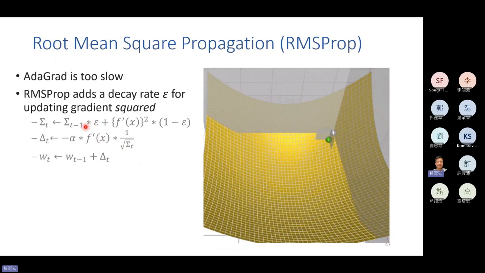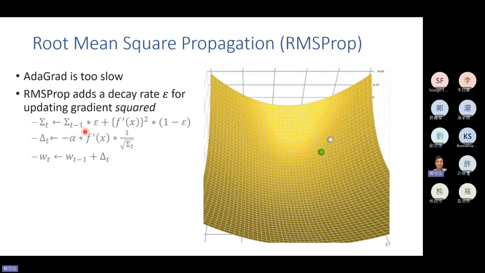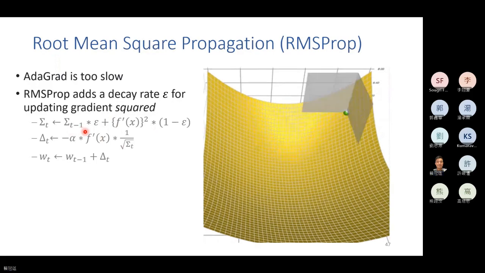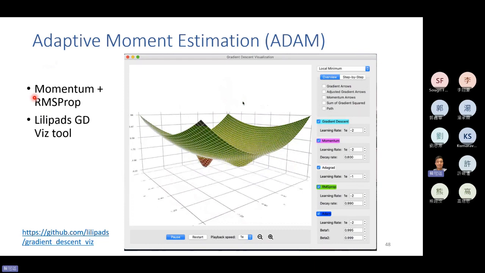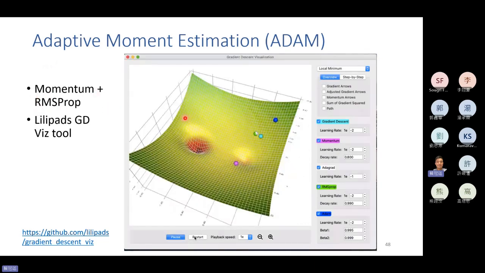Its contribution is a decay rate between the new value and the previous squared value. So it's a weighted sum of the new squared value and the previous value. And Adam considers both the momentum and the RMSProp squared value.